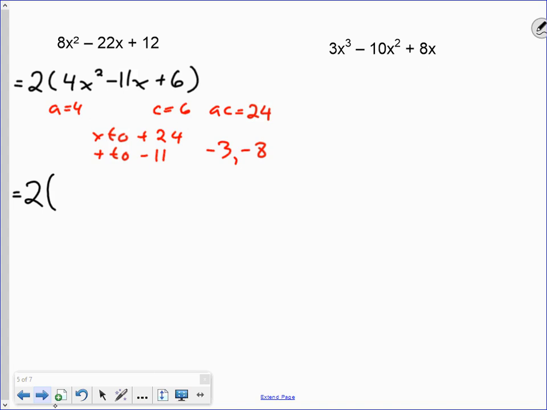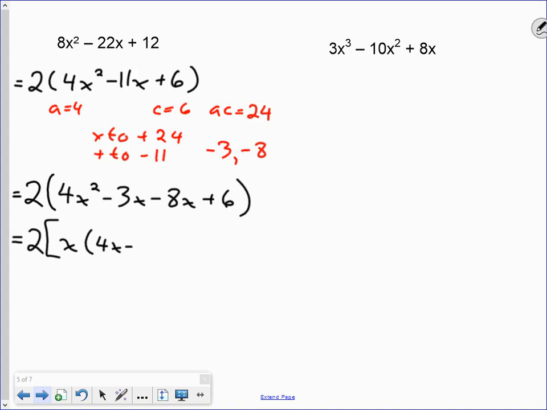So I still have this 2 that I factored out front. I am going to use my negative 3 and my negative 8 to break up that middle term: 4x squared minus 3x minus 8x plus 6. And then I'm going to factor by grouping inside those brackets. From my first two terms, I can factor out an x, leaving 4x minus 3.